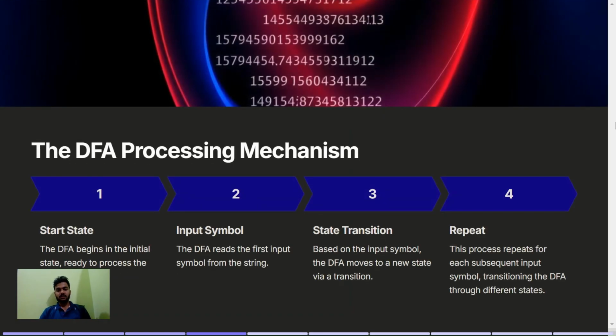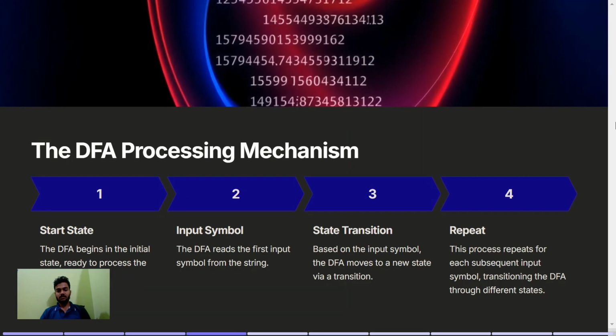So let's begin with the DFA processing mechanism. The first step is start state, the second is input symbol, the third is state transition, and the fourth is repeat. In the first stage, start state, the DFA begins in the initial state, ready to process the input string. At the second stage, input symbol, the DFA reads the first input symbol from the string.